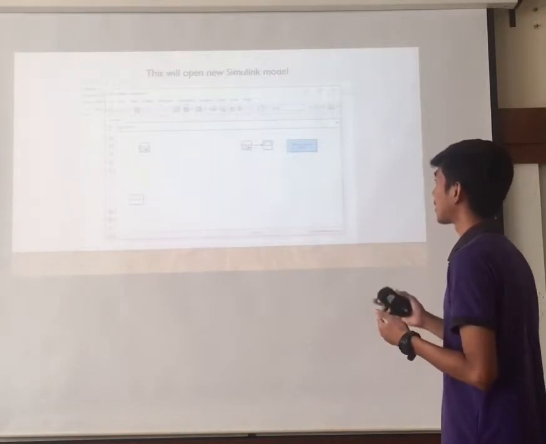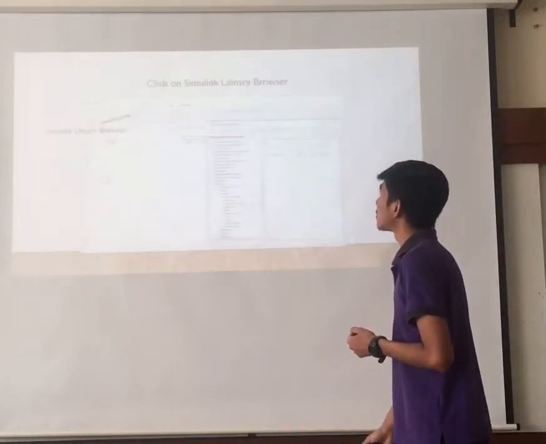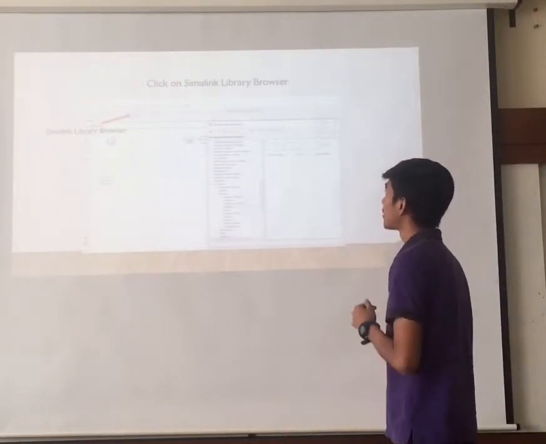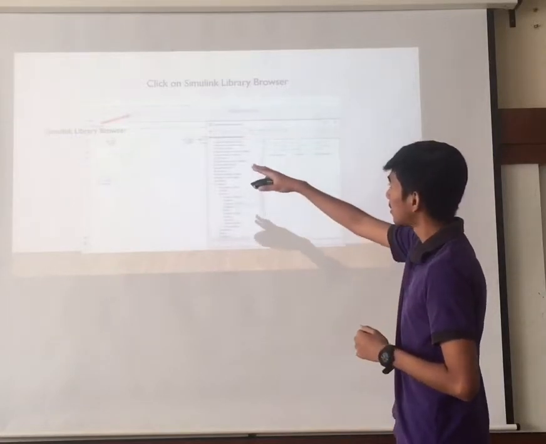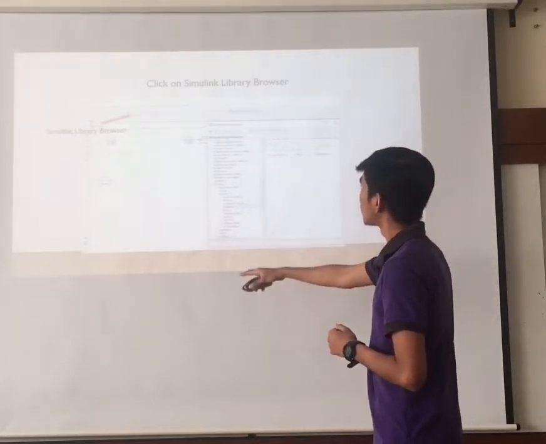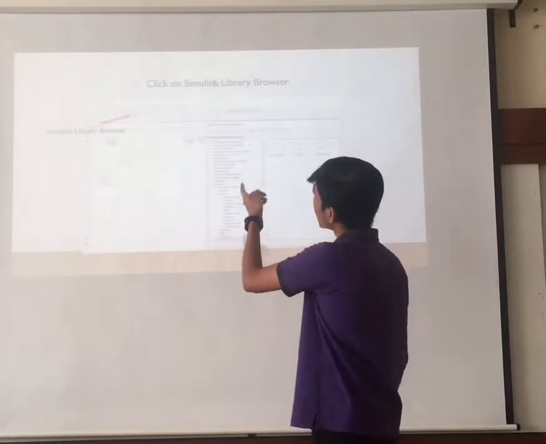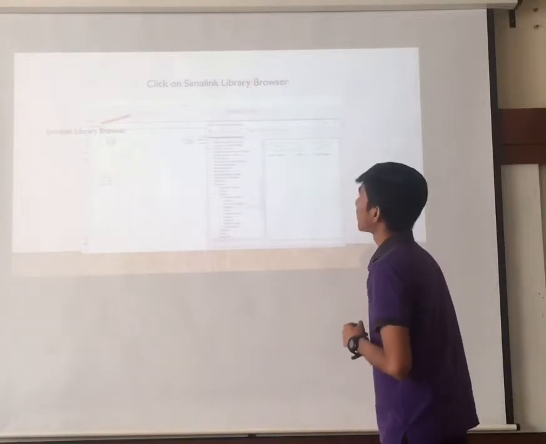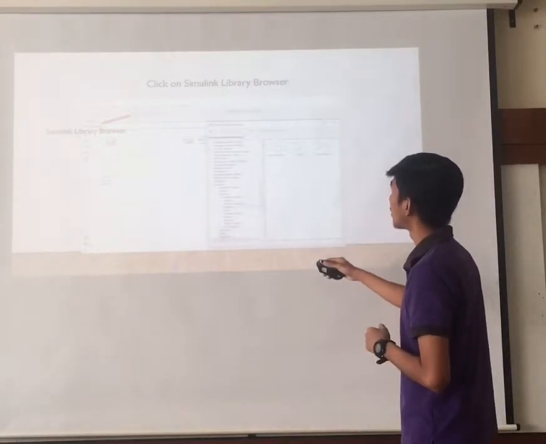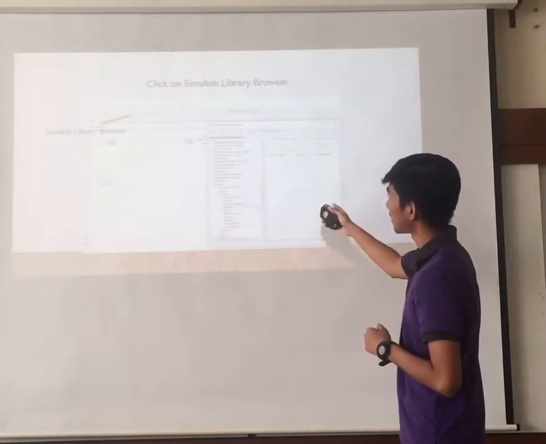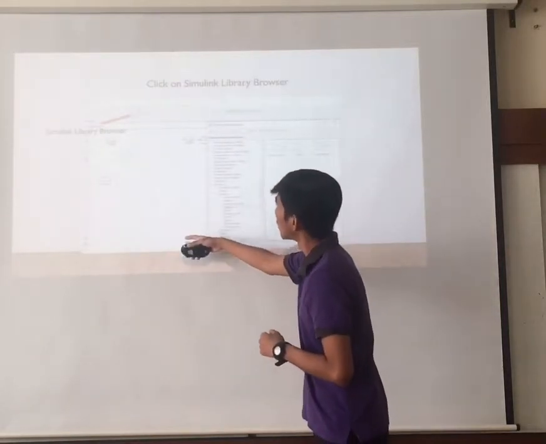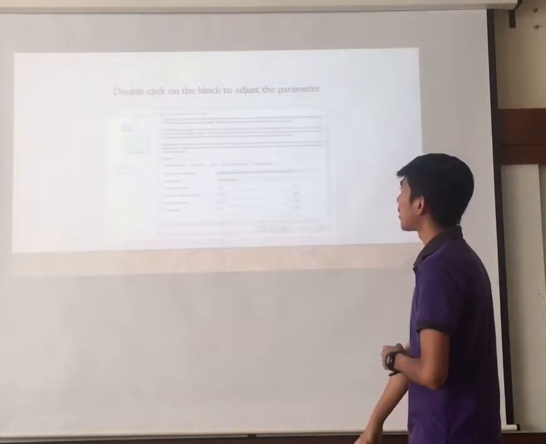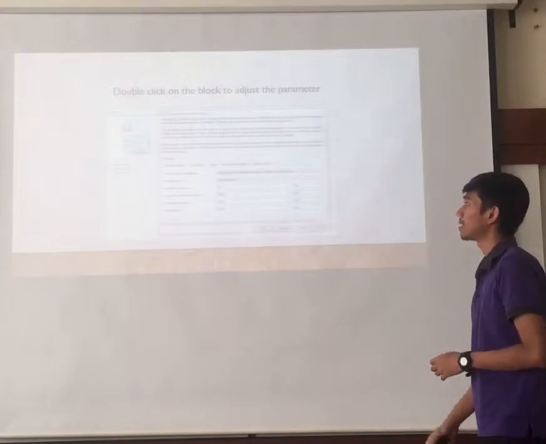Then we click on the Simulink library at the top left, and we search for the engine. Put the engine on the Simulink window. Okay, then right click on the block to adjust the parameters.